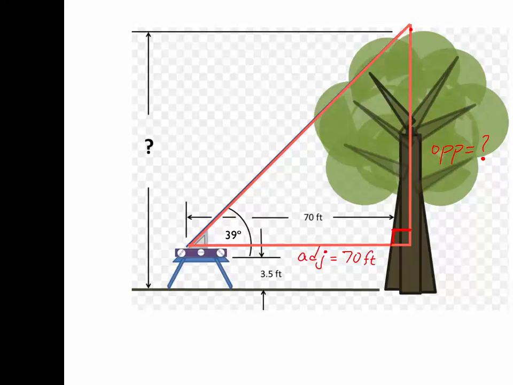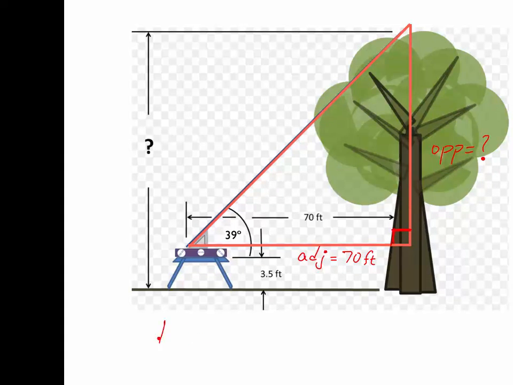The problem is that we don't have the radius, which is in fact the hypotenuse. We have the adjacent, and we want the opposite. Which of the ratios brings those together? Brian. We have adjacent, we want opposite of 39 degrees, so is it going to be sine, cosine, or tangent? Tangent.